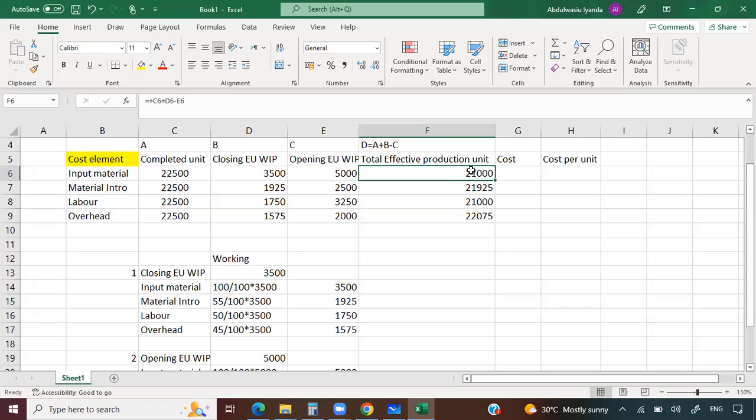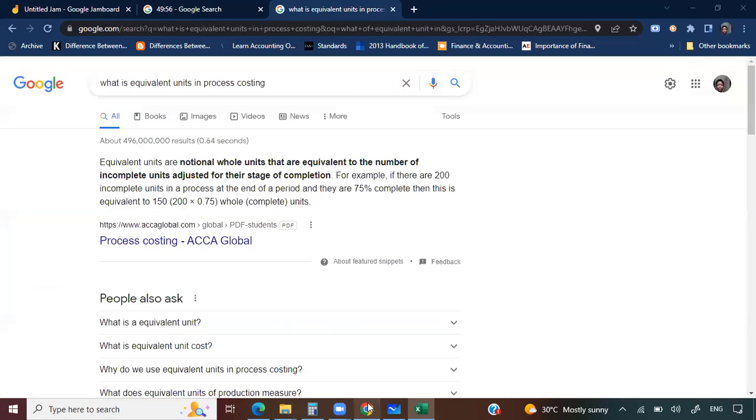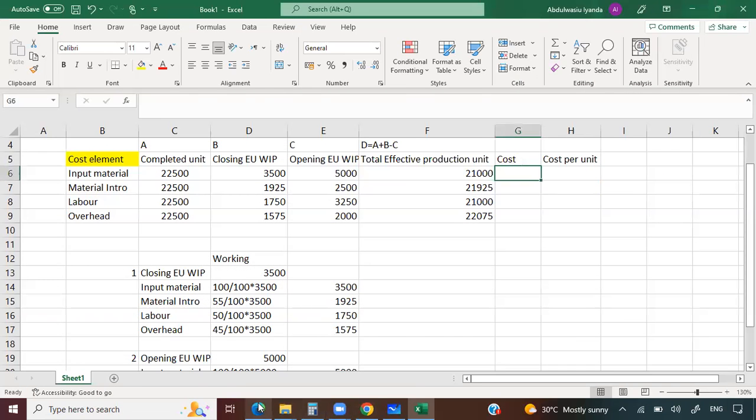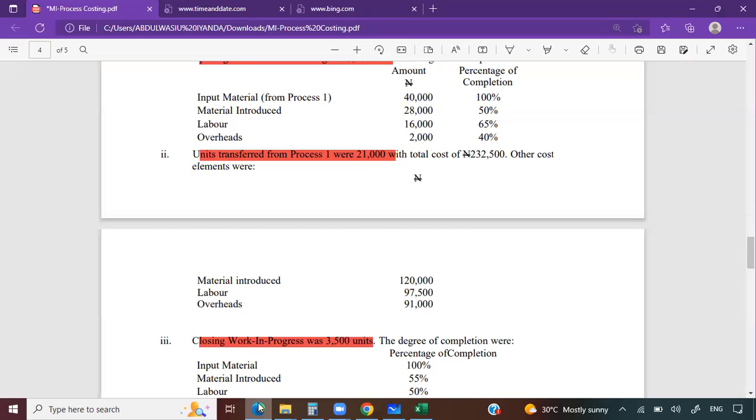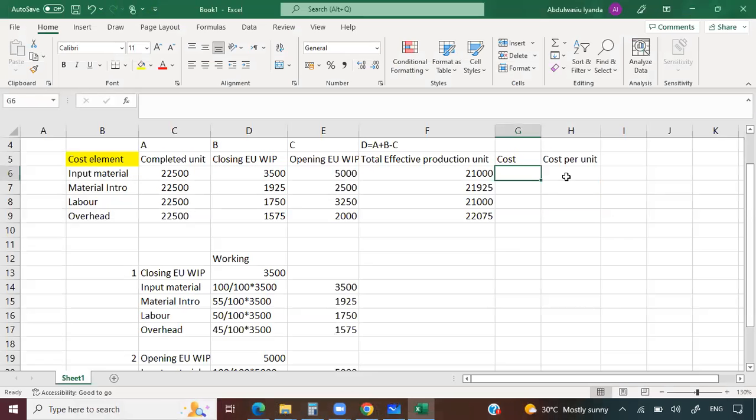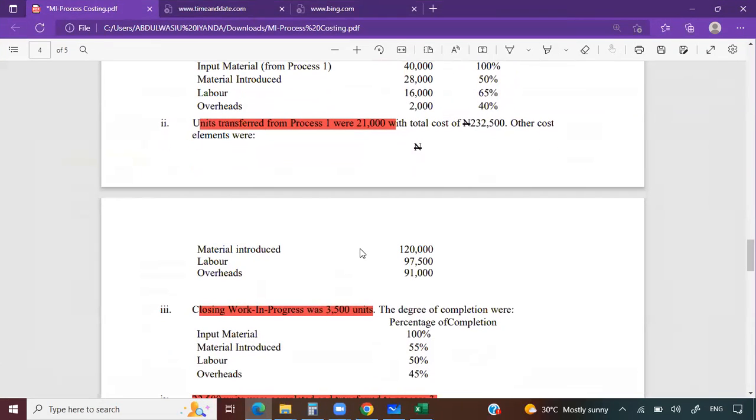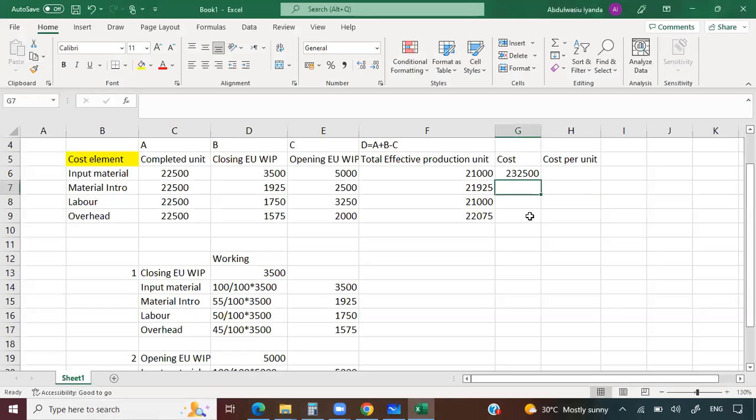This is the total effective unit. And what is the cost? The cost is 232,500, so I'll just write 232,500. What are other costs? You are giving already. Material introduced is 120,000.